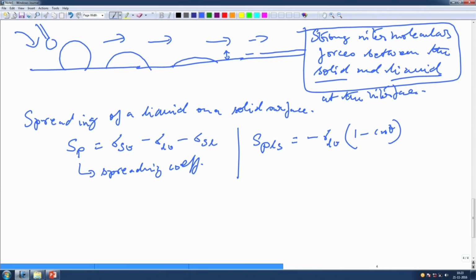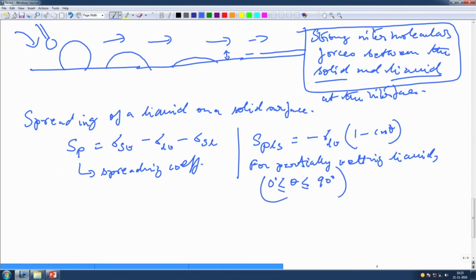Now, for a partially wetting liquid, if you recall the definition, theta was always like this. Therefore, cos theta is always less than or equal to 1. So, this implies that S_LS is always negative.